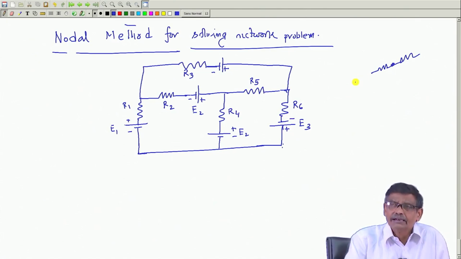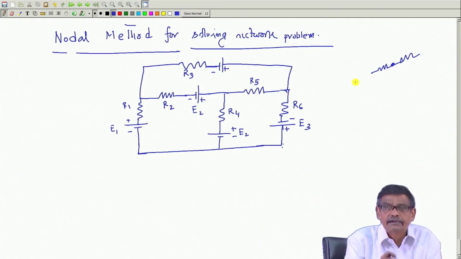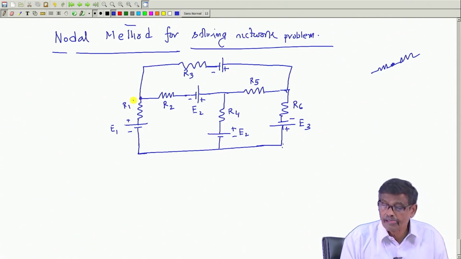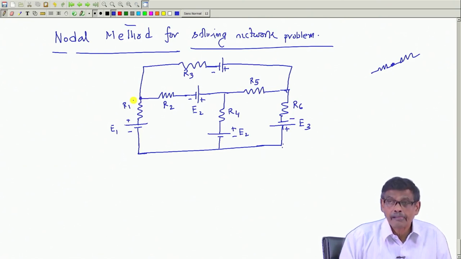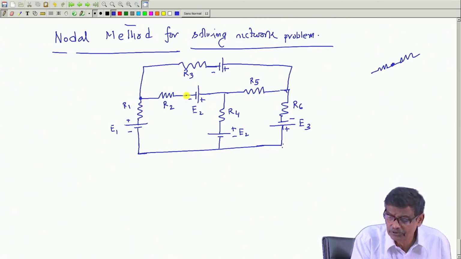But here what I will tell is this, a node is a point where more than two elements ends are joined. For example, this I will call a node. Got the point?